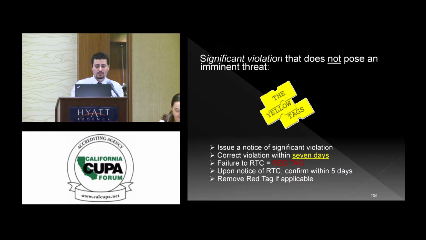Okay, so they have 7 days to correct that violation, and if they do not return to compliance, or RTC, then at that point we can use a red tag. And interestingly enough, upon us receiving the notice of RTC, we have to confirm that within 5 days. So we have to go out to the site and basically confirm that within 5 days, and then remove that red tag if in fact they did RTC, return to compliance.